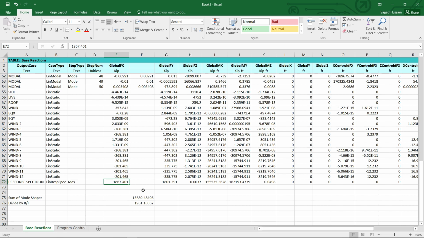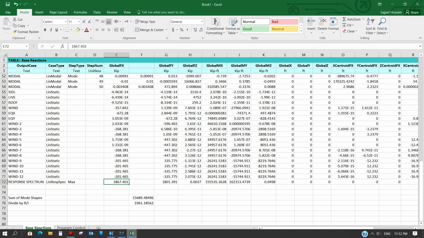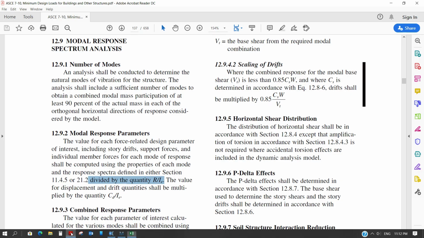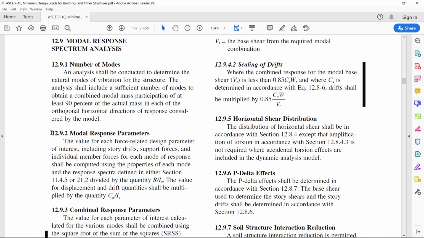That means this mode shape has given us a value which is already defined by R over I. Right? So this is confirmed that SAP has already divided this by the factor R over I. That means the condition for 12.9.2 is already met. That is very great.